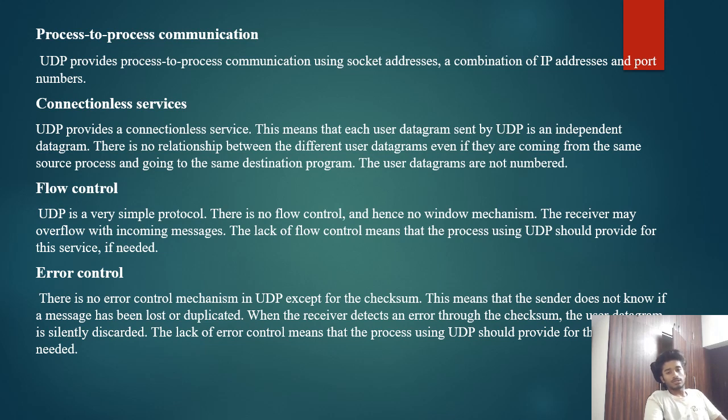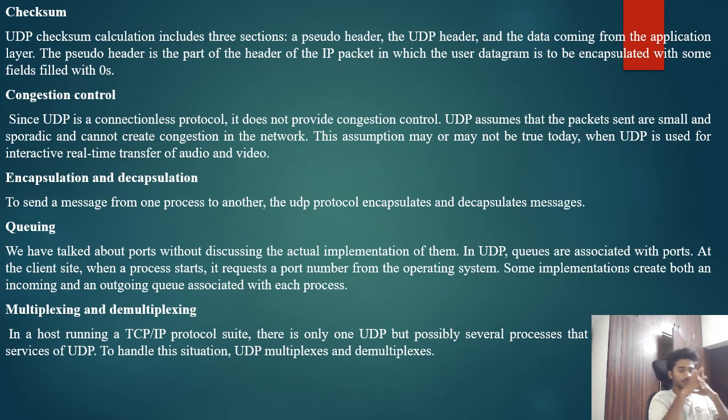So moving on to the next slide, guys. In this slide, we're going to learn about some terms of UDP. The first one is checksum. UDP checksum calculation includes three sections: a pseudo header, the UDP header, and the data coming from the application layer. The pseudo header is part of the header of the IP packet in which the user datagram is to be encapsulated, with some fields filled with zeros.